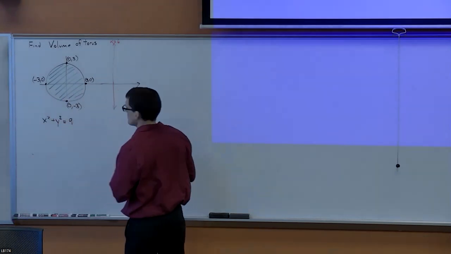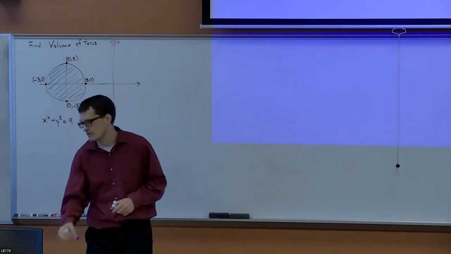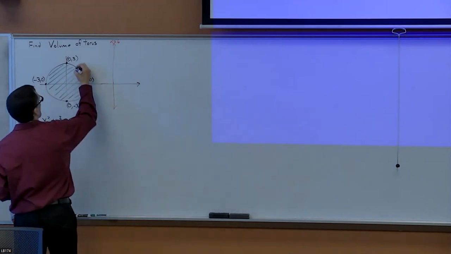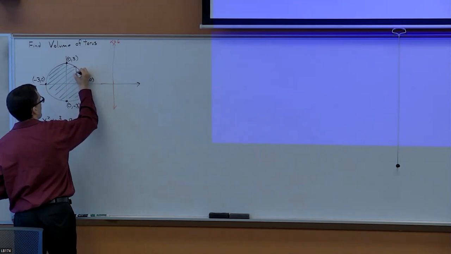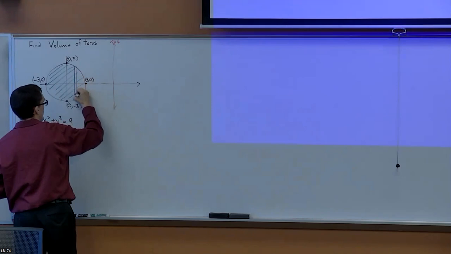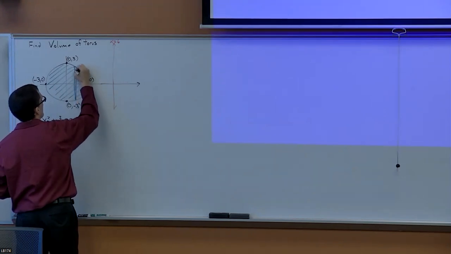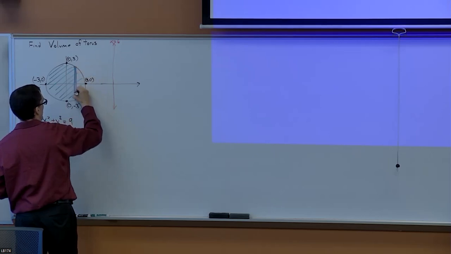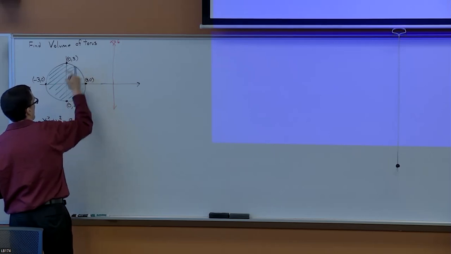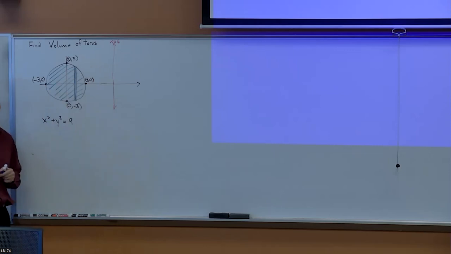So like I said, we're going to use the shell method. So the shell method, the rectangles in the Riemann sums are going to look similar to this. The top of that rectangle is going to be at the top of the circle, and it's going all the way down to the bottom of the circle.